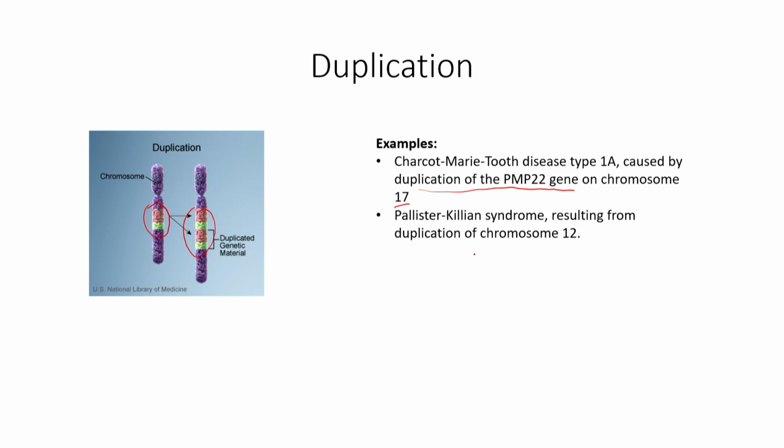This results from duplication of chromosome 12. So this is another syndrome where duplication is involved. What happens with duplication? That means one gene copy is additional. So that is causing the problem.